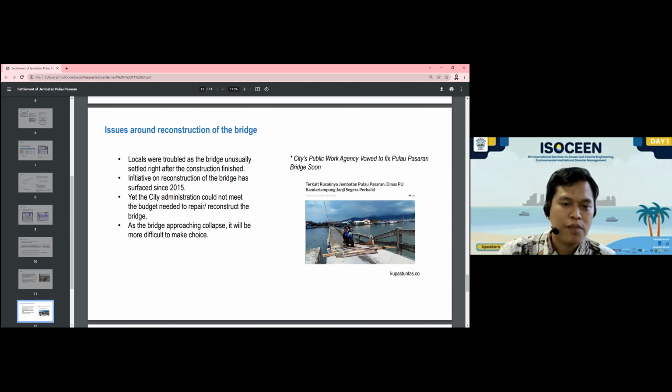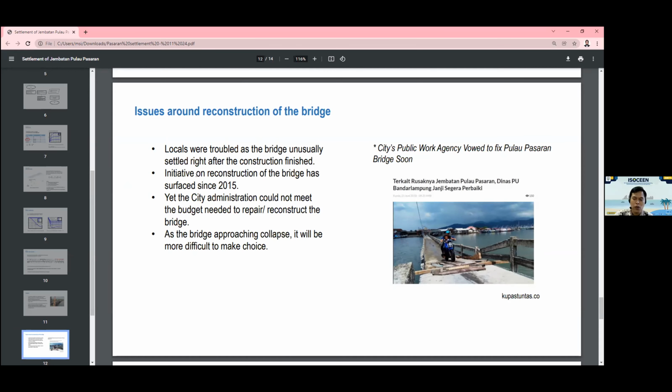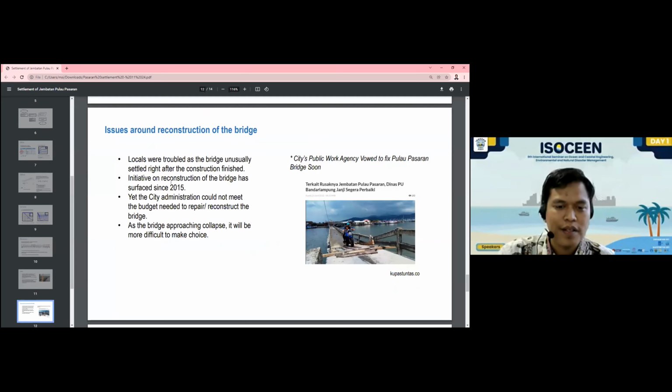And the administration of Bandar Lampung initiated the reconstruction of the bridge in 2015. As we can see, they conducted the soil investigation in Borehole 1 in 2015. Yet the city administration could not meet the budget.